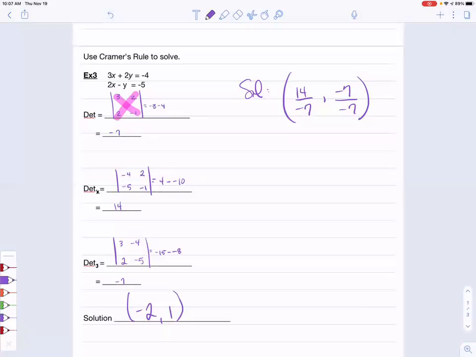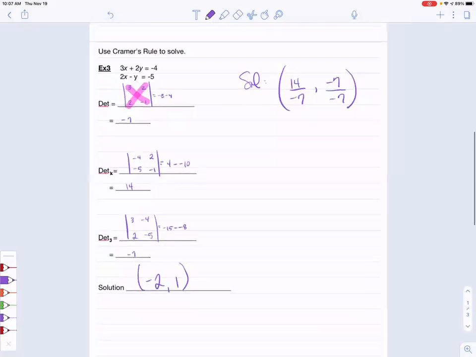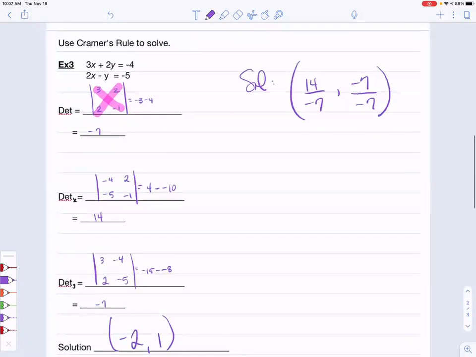The cool thing about Cramer's rule, and I don't think I gave any examples of this, but I wouldn't mind putting one on the test. The cool thing about Cramer's rule is that it allows me to solve a 3-equation system pretty easily. So let's walk through what a 3-equation system would look like.